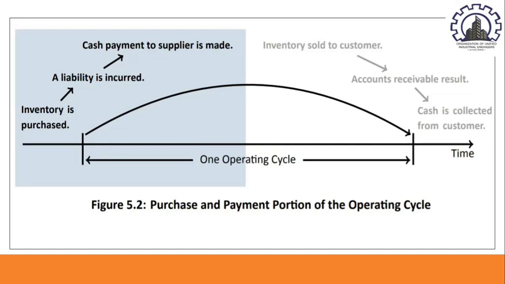Since the company has a debt obligation to pay, it is now time for them to make a payment. So next, cash payment to the supplier is made, and then inventory is sold to customers, and then accounts receivable results, and then cash is collected from customers, especially those customers who purchase on credit. All right, so this is one example of an operating cycle.